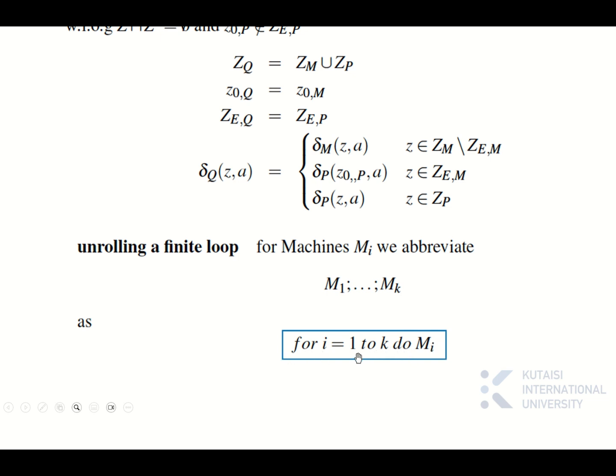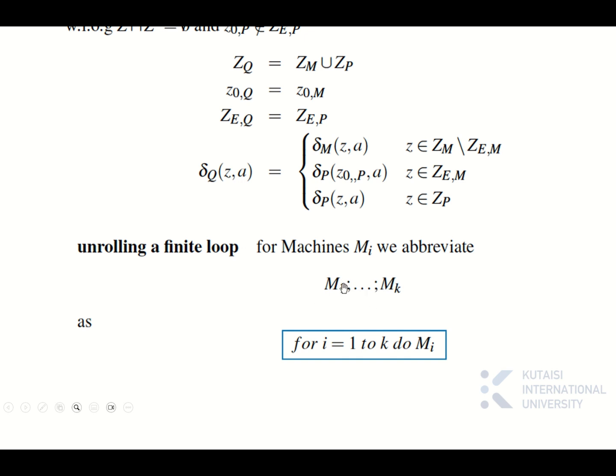Even though I might write a program like for blah blah blah, this actually describes a concrete Turing machine. And that's basically what your computer is doing also, just in more layers: when you write for I equals 1 to K do MI, it's just running a bunch of Turing machines one after the other.